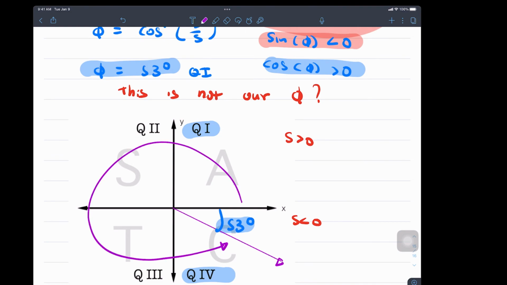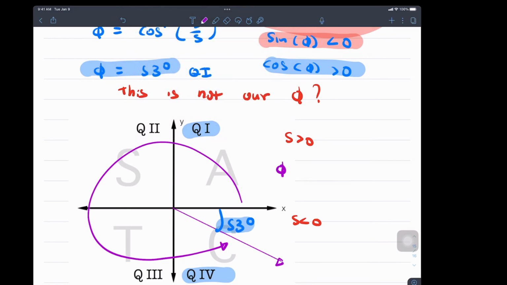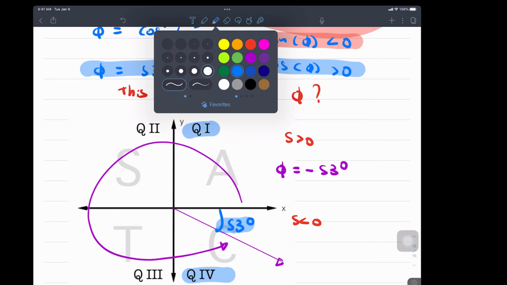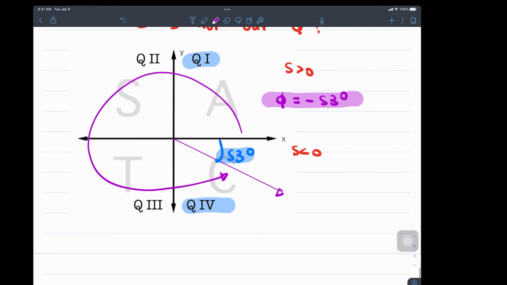We can say it two ways. I can say, ladies and gentlemen, that phi is minus 53 degrees. Is that right? I can say it that way. Phi is what? Minus 53 degrees. What else can I say?